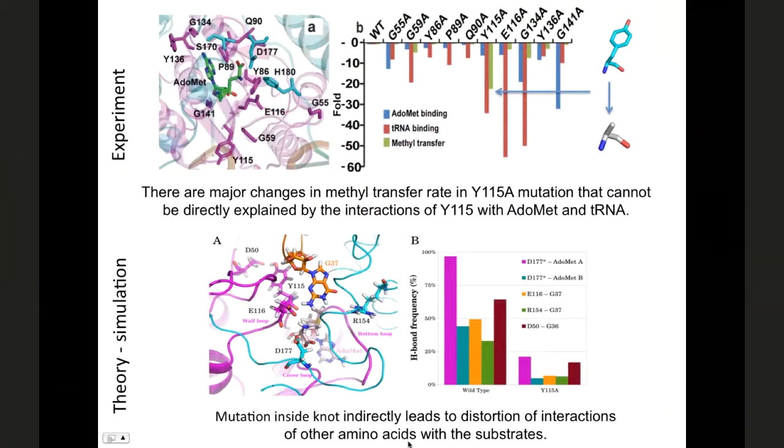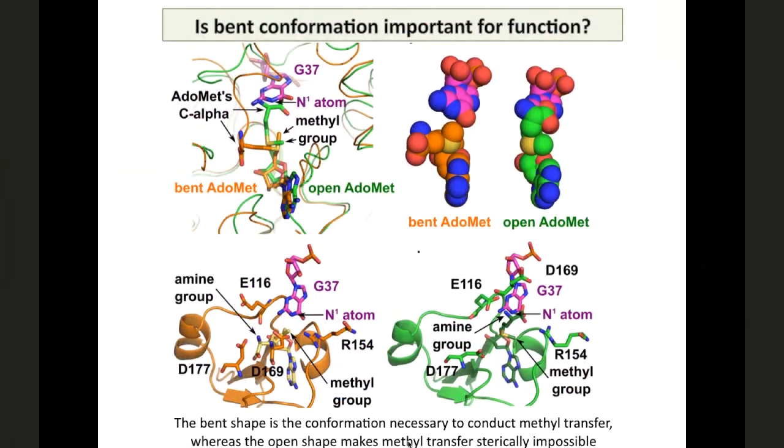So this can suggest there is some internal network of interaction that is controlled by something. And we believe that the knot is responsible for controlling this interaction. Then you can ask why a bent conformation is important for the function.